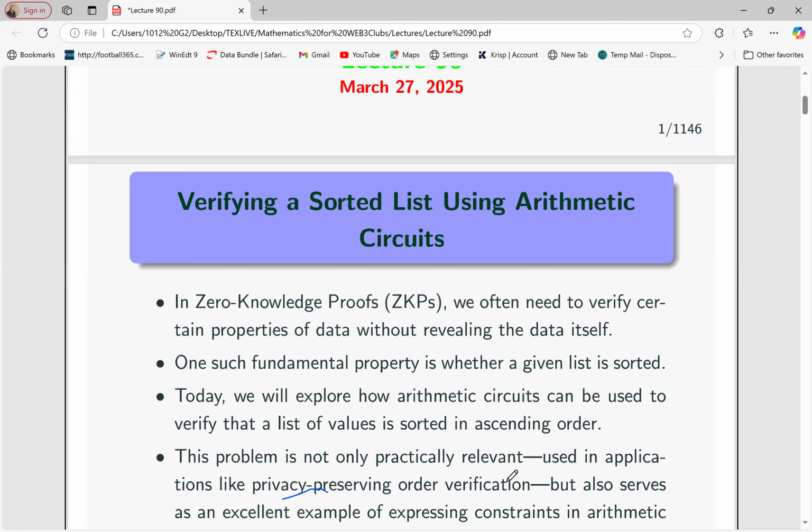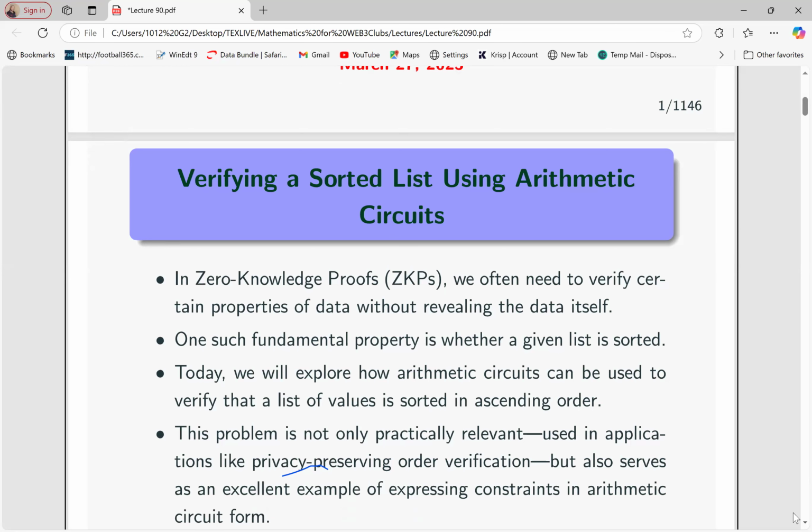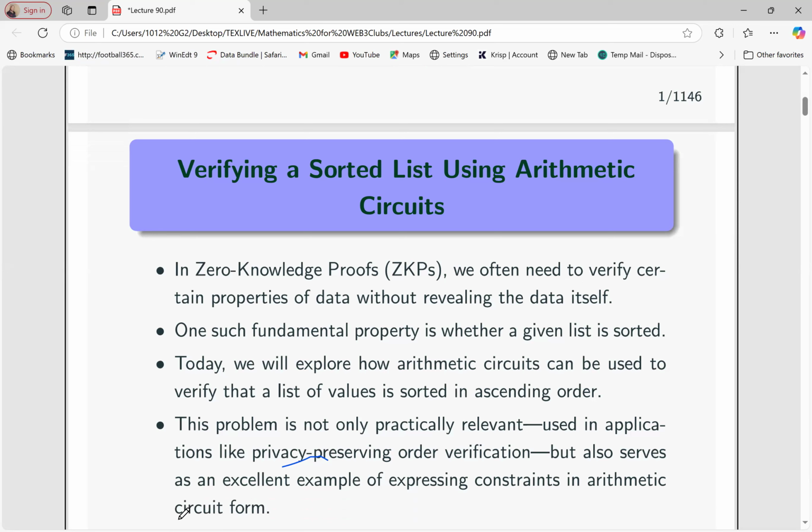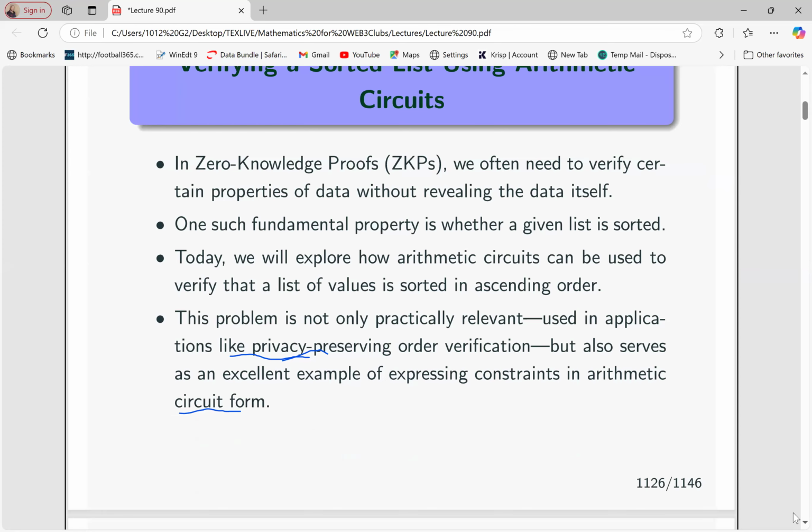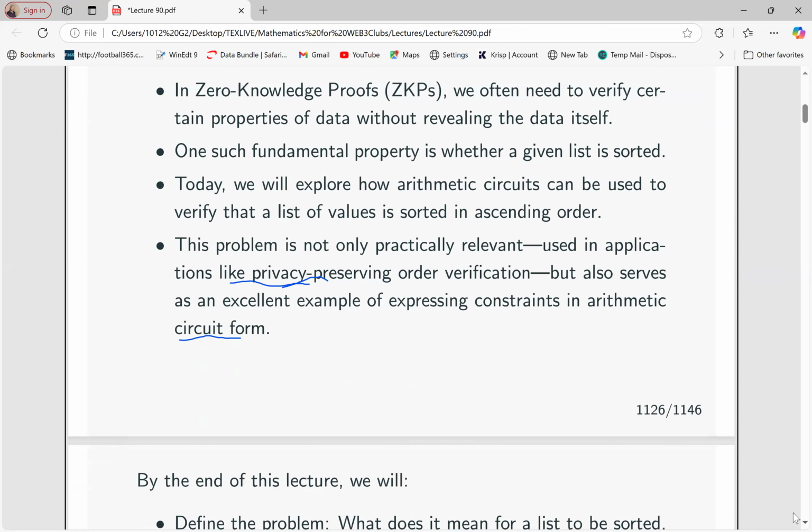We'll also see that it's used in areas like expressing constraints in arithmetic circuit form. So this is the other way we can use it, other than using it in privacy-preserving order verification. You can also apply it in this area.